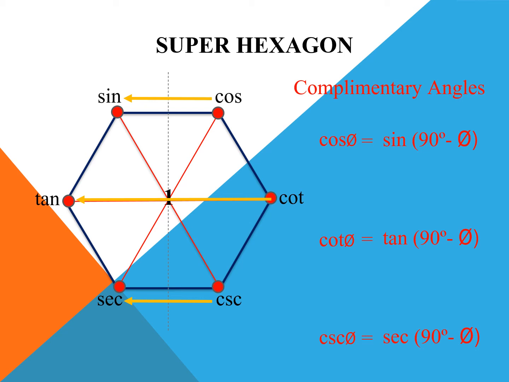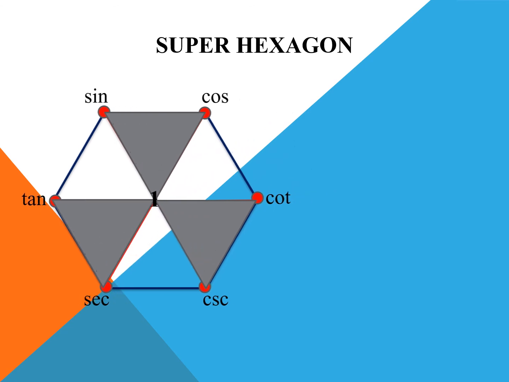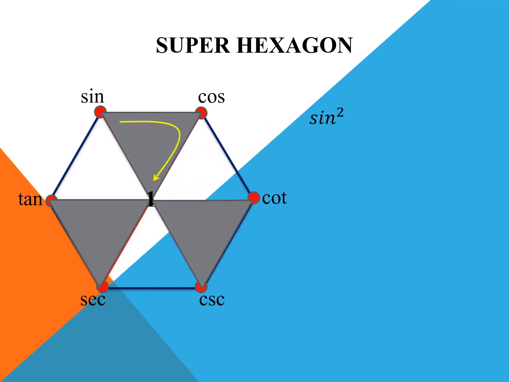Is that all? No, there's more. We know that the hexagon has 6 triangles. Concentrate on these 3 triangles. Suppose we have a clockwise arrow inside the triangle.